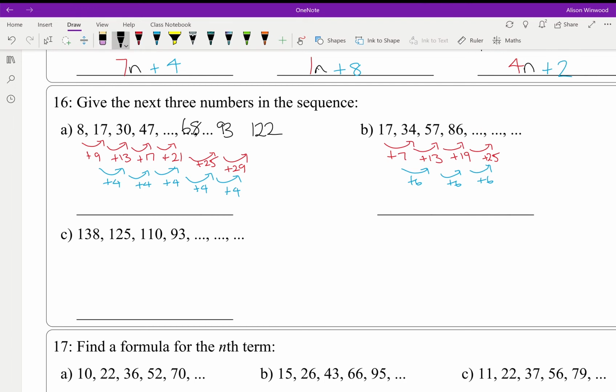Takes me to 111. Add another 6, takes me to 31. Add 31 to my sequence, and I get 142. Add another 6, takes me to 37. Add 37 to my sequence, and I get 179.